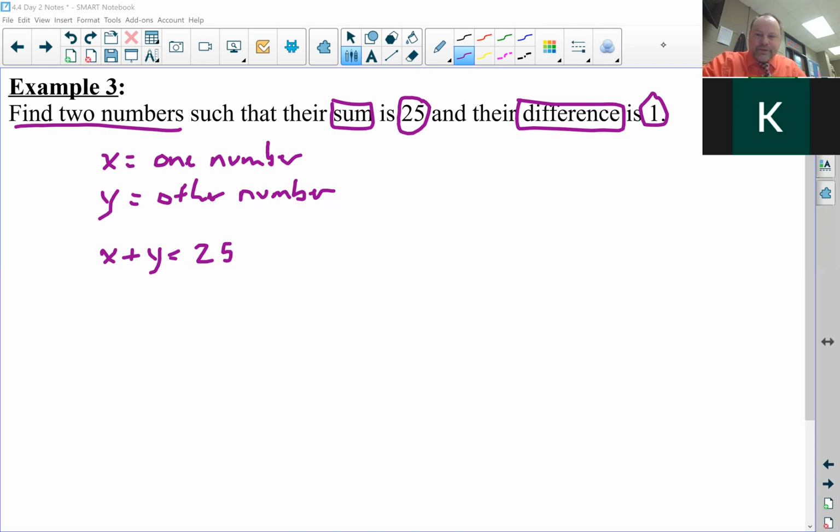Yeah, subtracting. Their difference is 1.